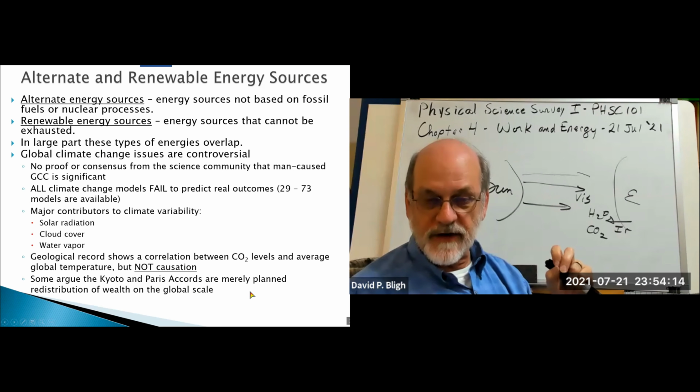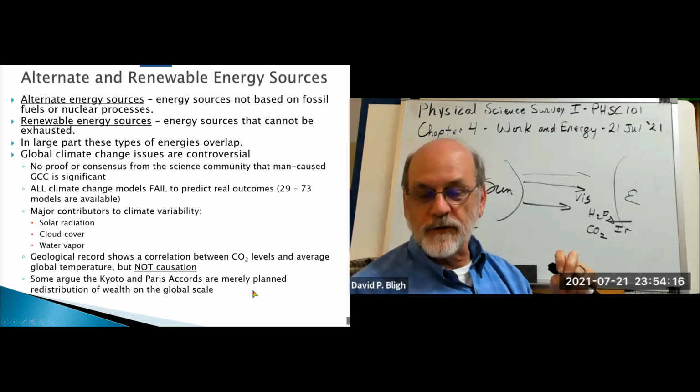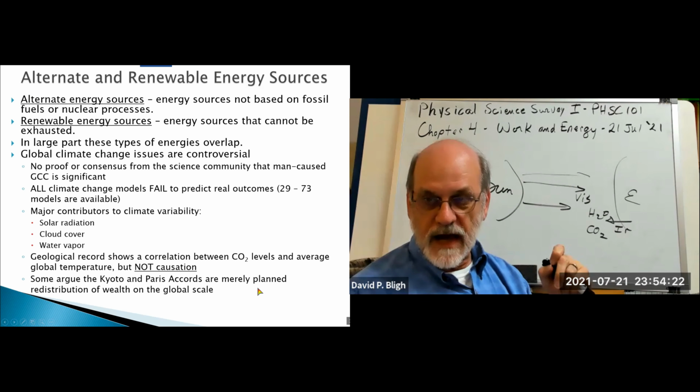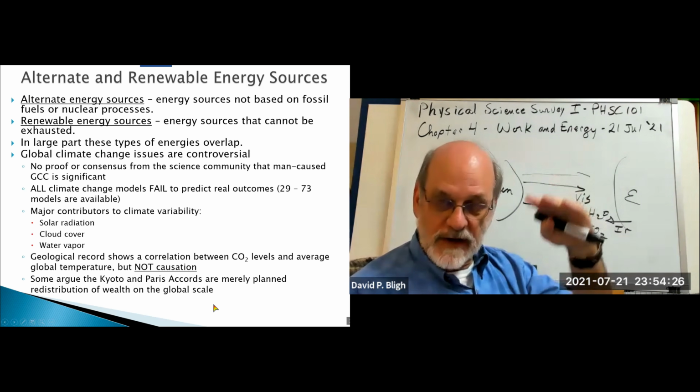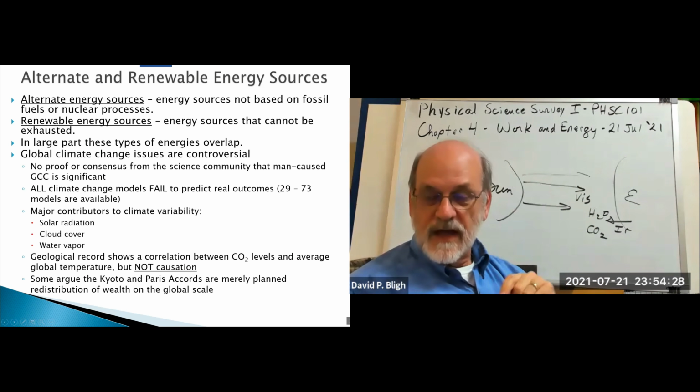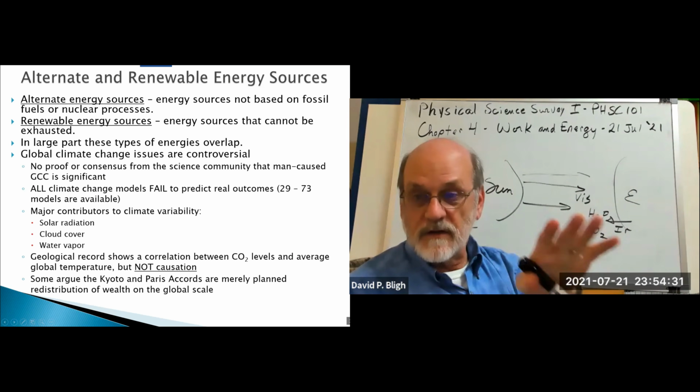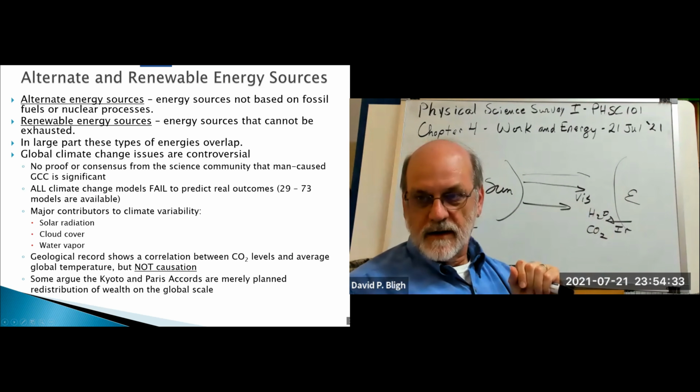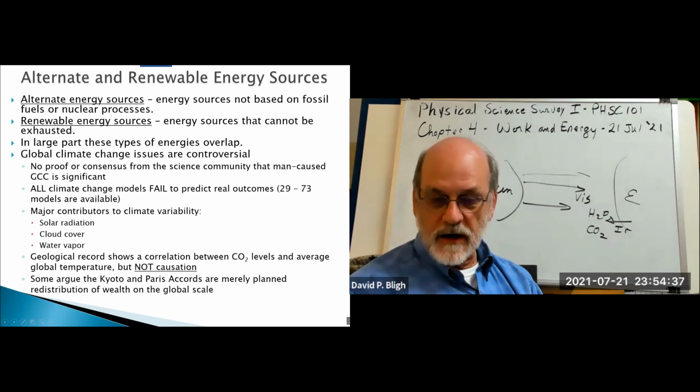As long as they're identified as developing countries, they're free to pollute all they want. Whereas the developed countries must control their carbon dioxide outputs. What that does is suppress the economies of the advanced countries and accelerate the development of undeveloped countries, which basically redistributes the wealth of the world toward those undeveloped countries.